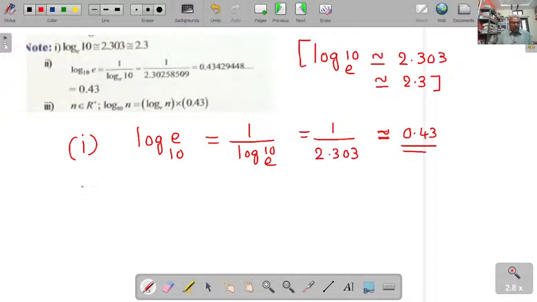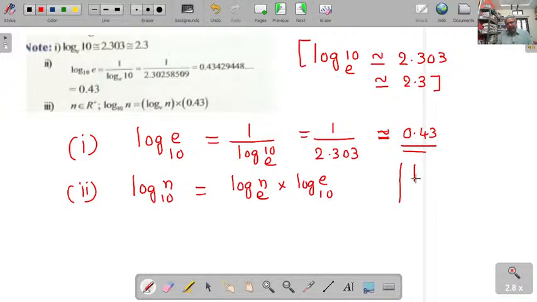For example, if you want to find the logarithm of n to the base 10, n is any number. We can write log n to the base e, using the base rule, times log e to the base 10. We know this property: log a to the base c into log c to the base b is equal to log a to the base b.